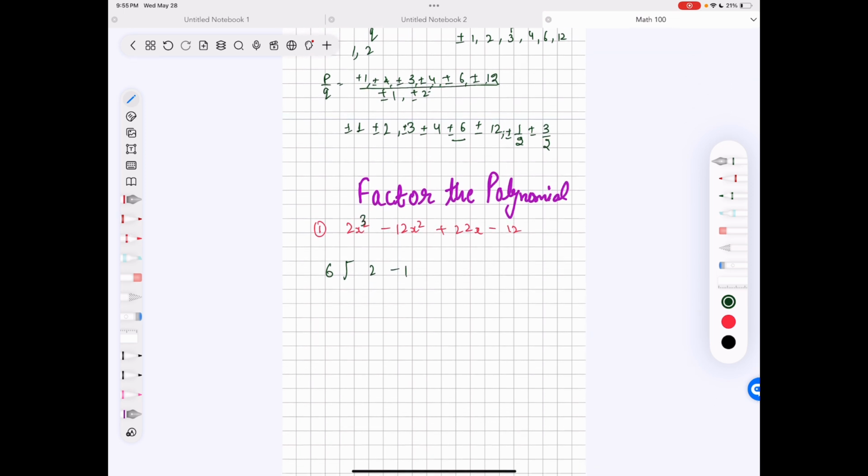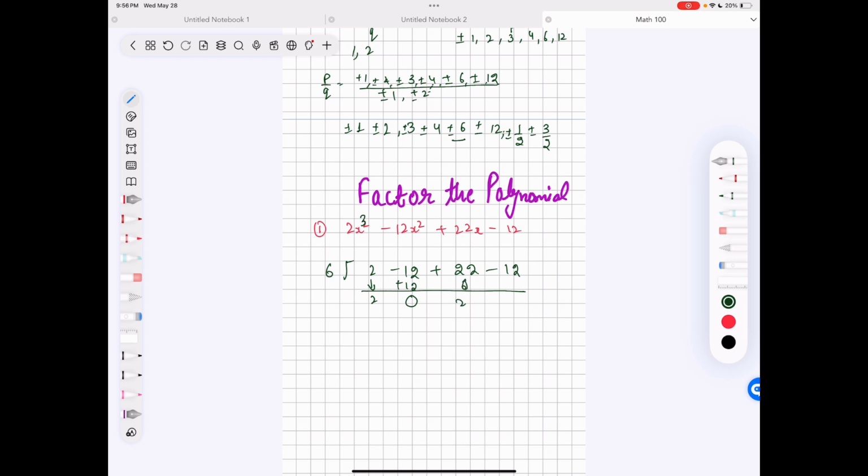2, minus 12, plus 22, minus 12. So I would bring 2 down. 6 into 2 is 12. So I get plus 12 here. It's going to give me 0. And then 0 into 6 is 0.